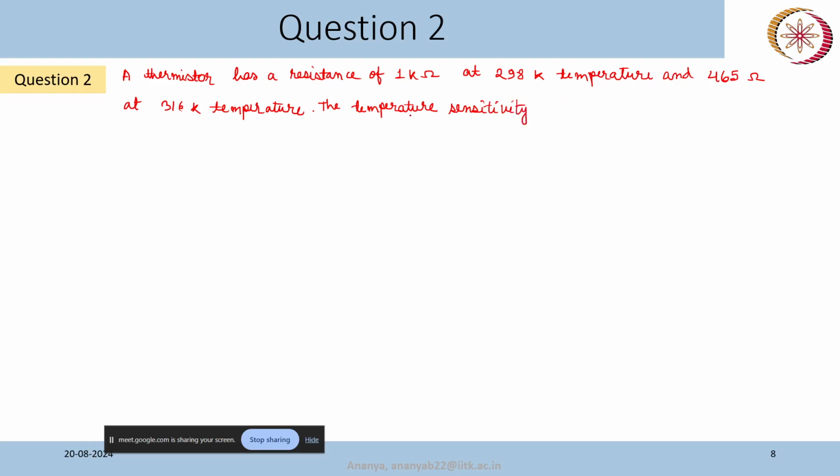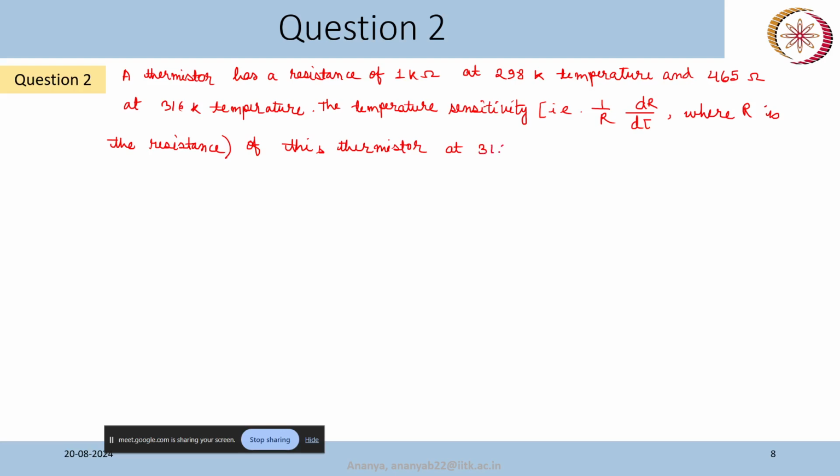So what is temperature sensitivity? It is given in the question. 1 by R dR by dT, where R is the resistance of this thermistor at 316 Kelvin.